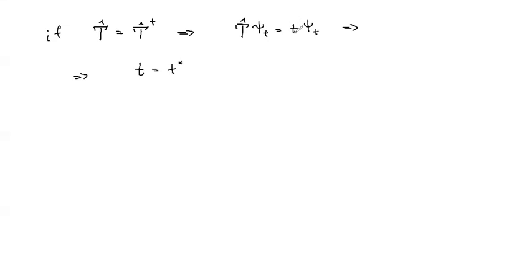So the possible values for this operator, you will never get a complex value. And the second conclusion: if you take the dot product, inner product, or scalar product between these two eigenfunctions, you can get either 1 if they're the same state, that would be just normalization, or 0 if they're different states.